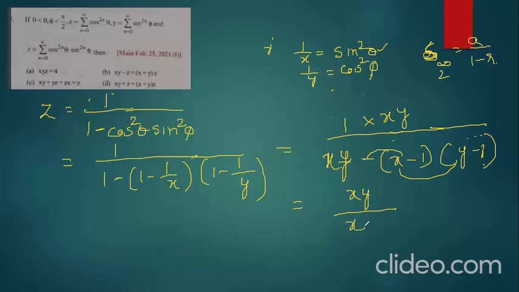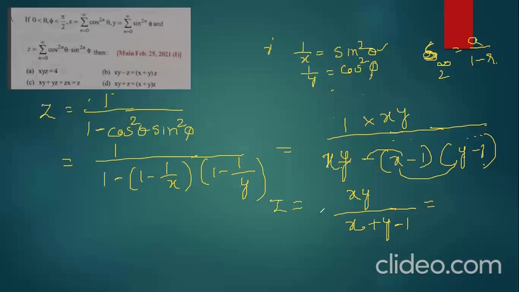So you are getting only x, and then this is also plus y, minus of minus plus y, x plus y minus 1, which is equal to xy by x plus y minus 1. We got the simplification, but z is equal to this much, no? Okay, z is equal to this much.